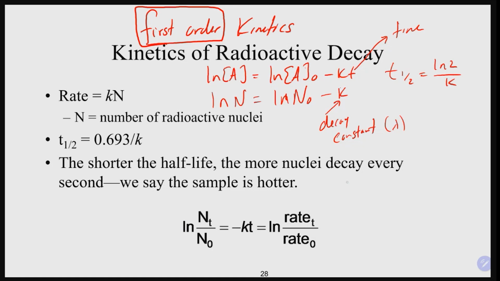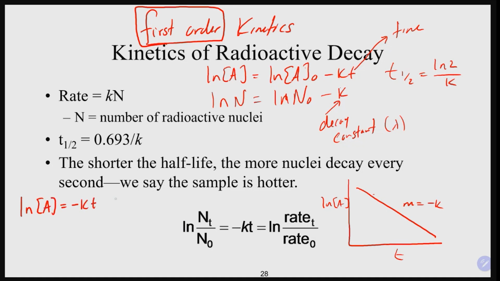All radioactive decay follows that first order kinetics, which means if you take the natural log of A versus time, you will get a straight line where the slope of that line is equal to the rate constant, or the decay constant in this case. That is because if you rearrange the first order equation, natural log of A is equal to minus KT plus the natural log of A naught.